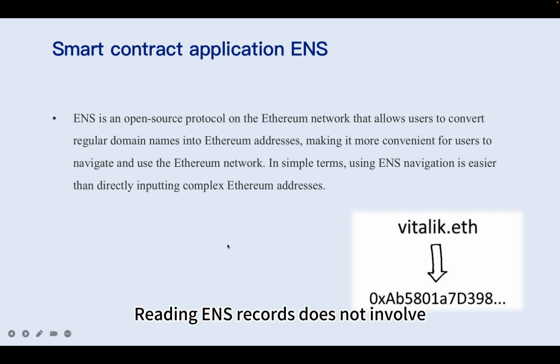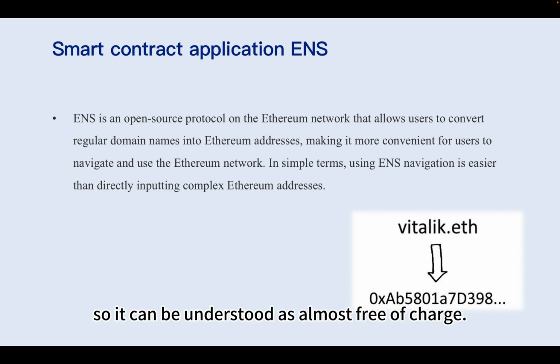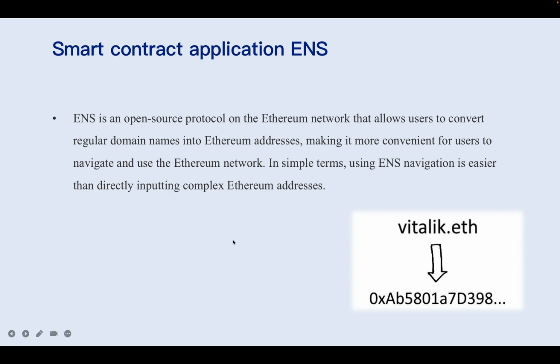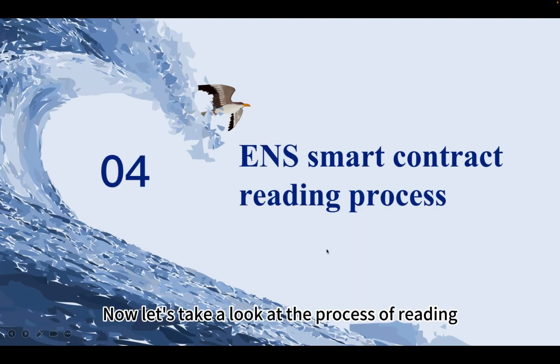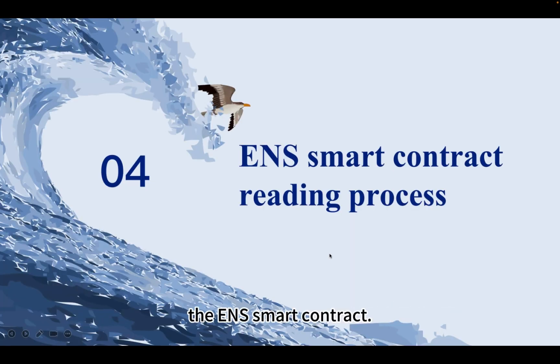Reading ENS records does not involve state updates on the blockchain, so it can be understood as almost free of charge. Now let's take a look at the processing of reading the ENS smart contract.